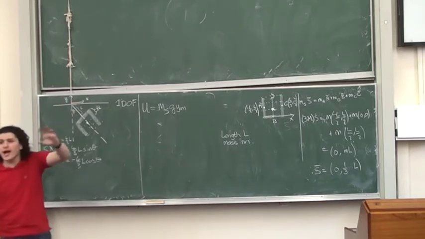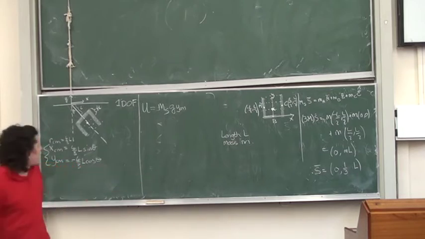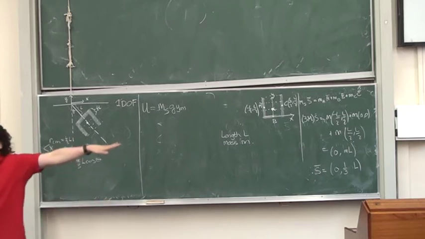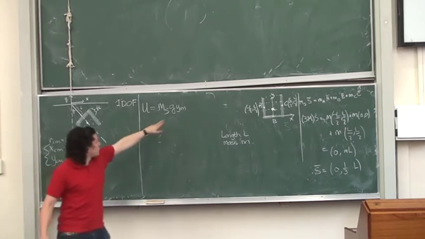If I'd chosen the y-axis to be pointing downwards, I'd have to put a negative in here. If I'd chosen the y-axis to be pointing to the left, I'd have to be putting an x-coordinate in here.